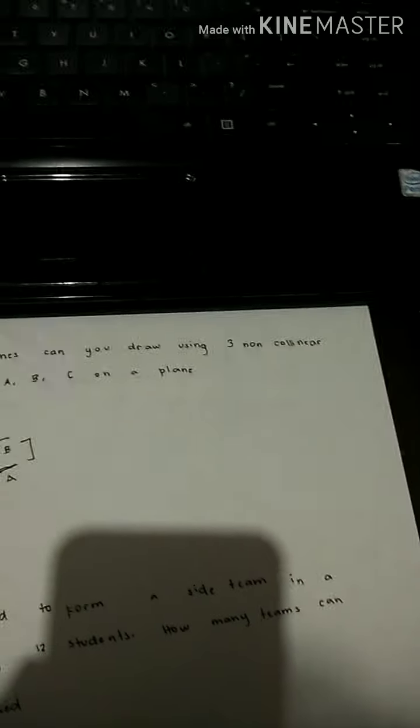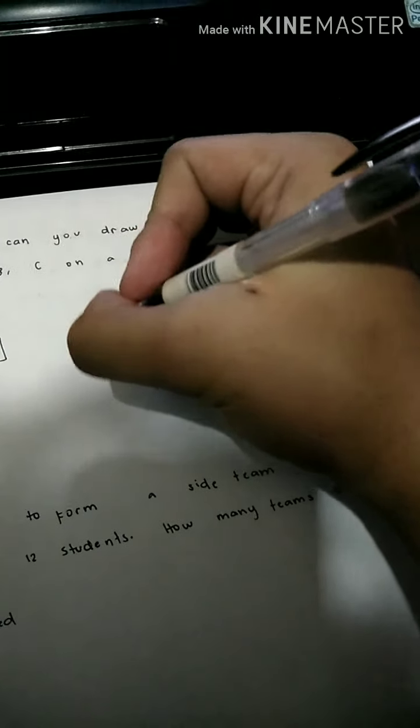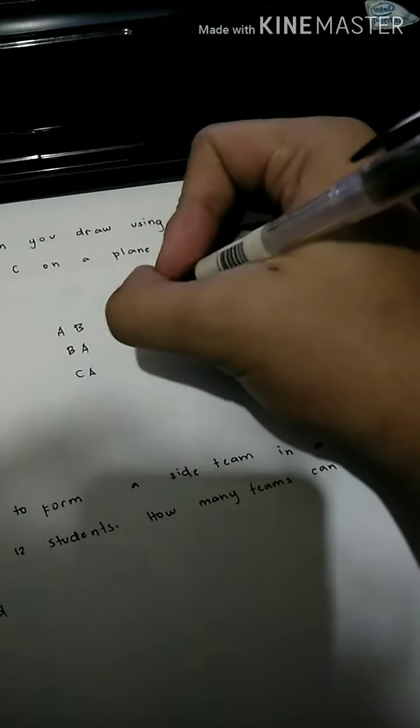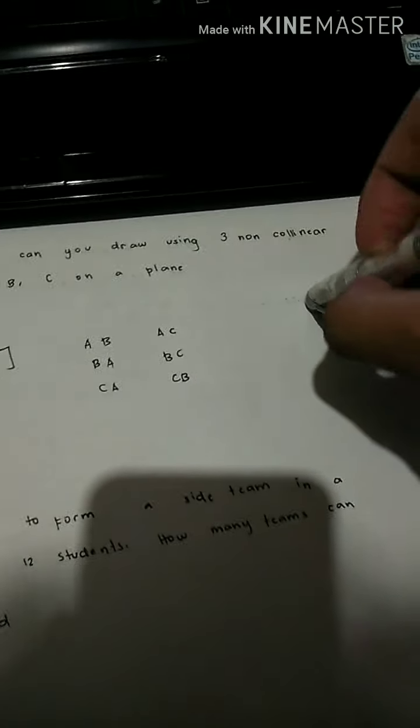The problem is to select 2 points out of 3 to draw different lines. If we proceed as we did with permutations, we get the following pairs of points: AB, BA, CA, AC, BC, CB. There is a problem.